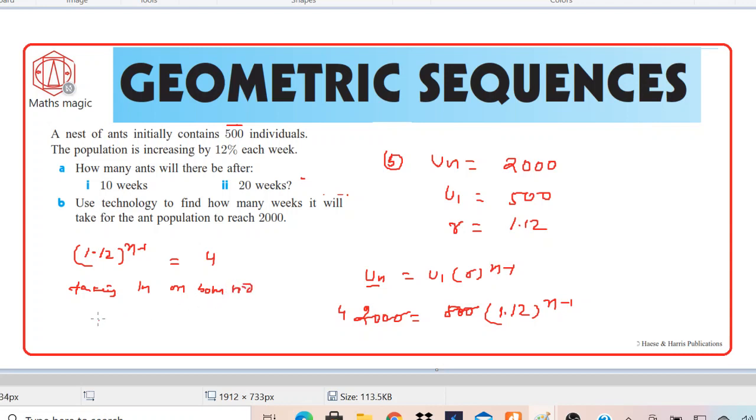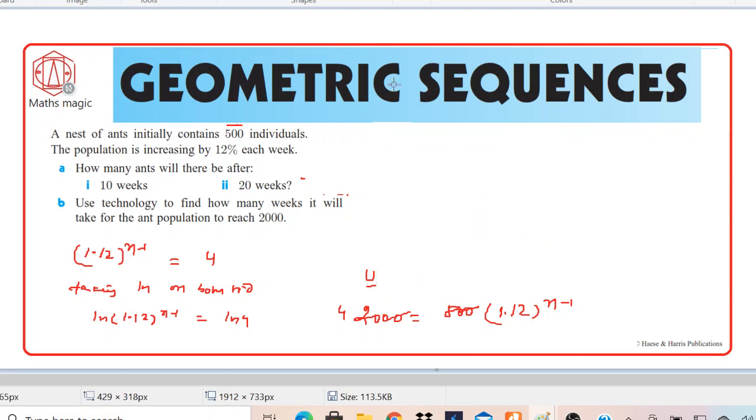So you know that if you take ln on both sides, it becomes ln of 1.12 to the power n minus 1 is equal to ln 4.